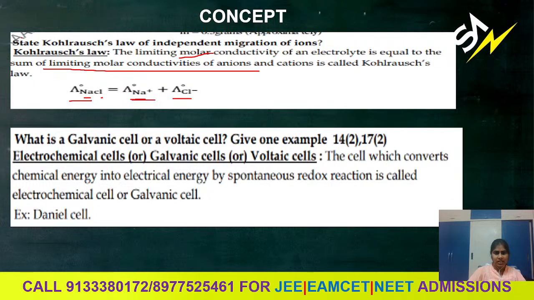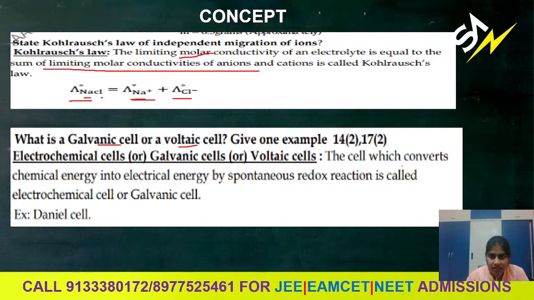If it is given as a short answer, it may ask in this way: what is a galvanic cell or a voltaic cell? A direct question. Just define what a galvanic or voltaic cell is. We have two types of cells mainly. One of them is the galvanic cell.